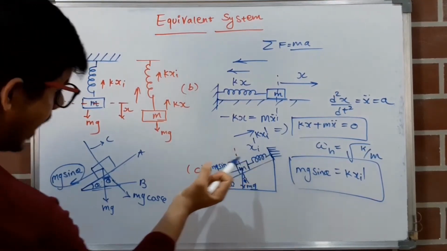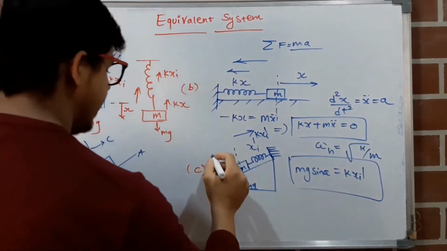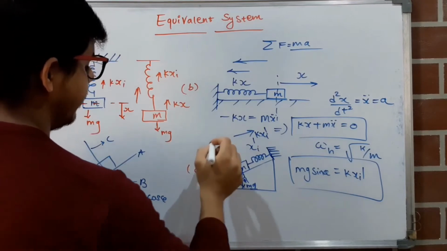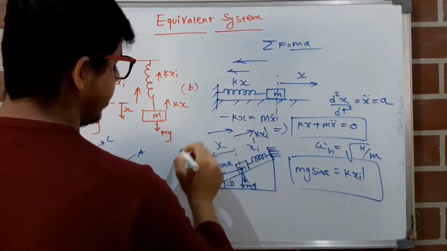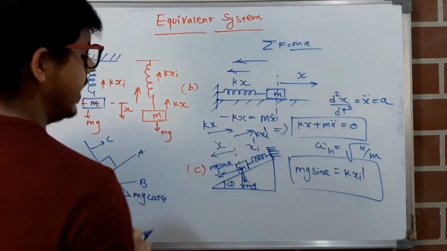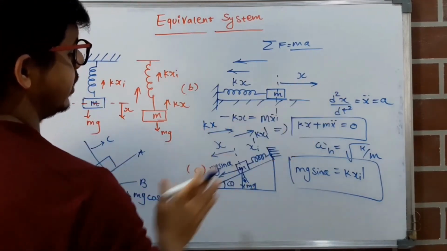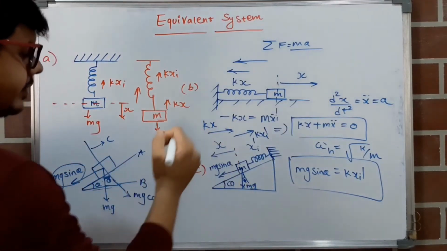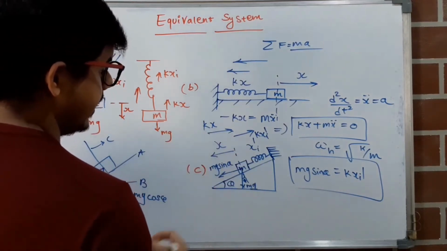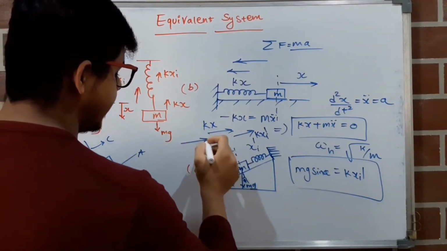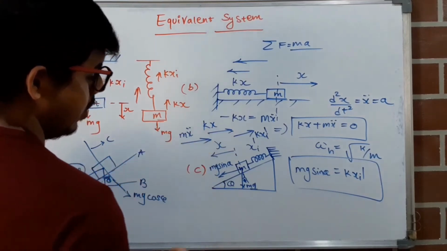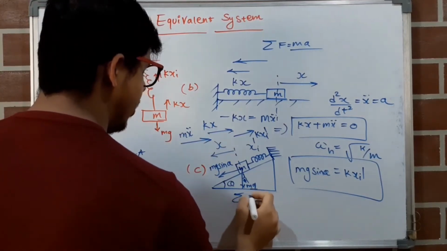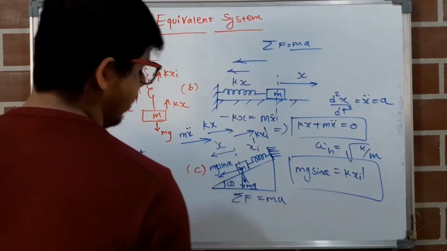Now when we provide a pull in the downward direction with x displacement, then there will be another restoring force, that is k into x in the direction opposite to our pull. And the other force, that is the inertia force, will also come in the upward direction, that is m x double dot. Okay, so according to Newton's second law of motion, summation of F equals to ma.